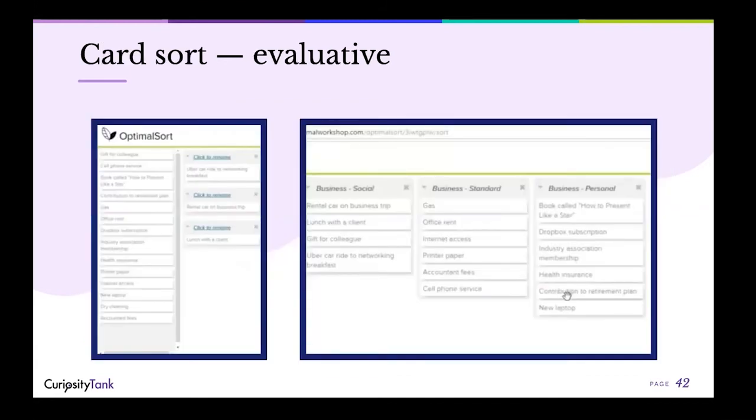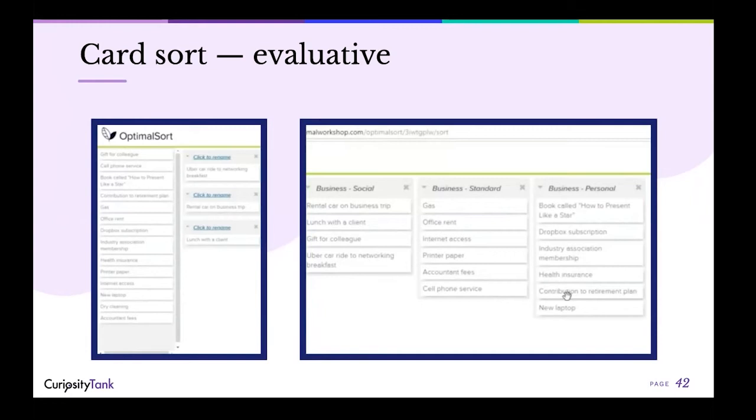Card sorts. Card sorts, as I mentioned earlier, can either be qualitative or quantitative. We can have an open card sort, a closed card sort, or a hybrid card sort. What you see here on the left are typical expenses a company might have. And what you see on the right are categories to sort those into.